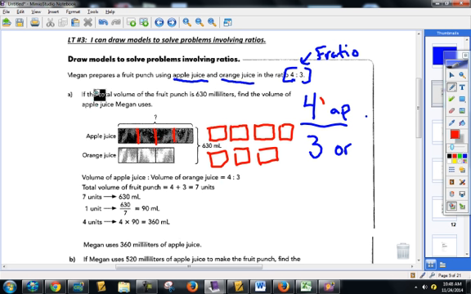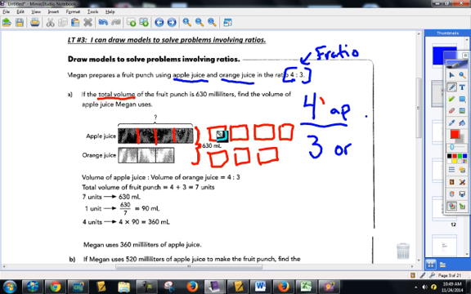Now, here's where you use the model to find the answer. If the total volume of the fruit punch is 630 milliliters, then both of these bars are representing 630.